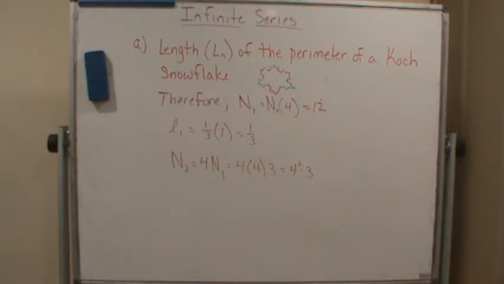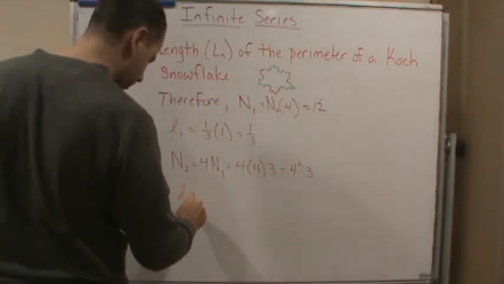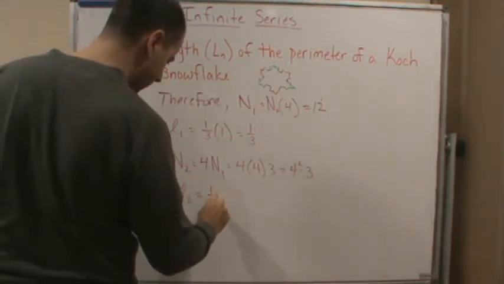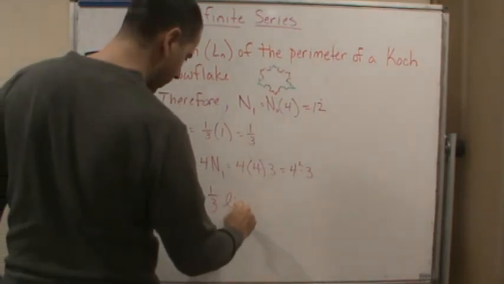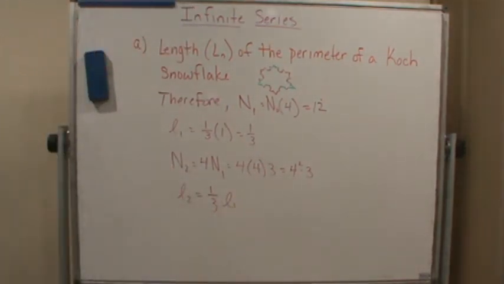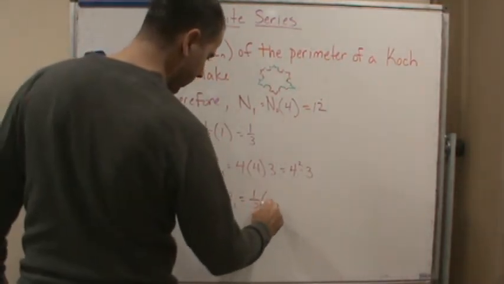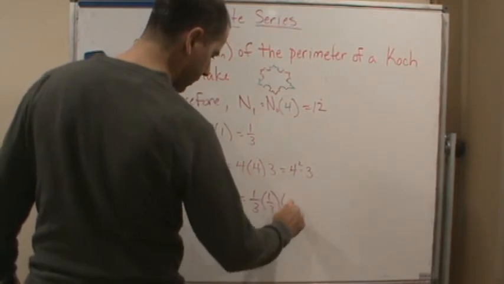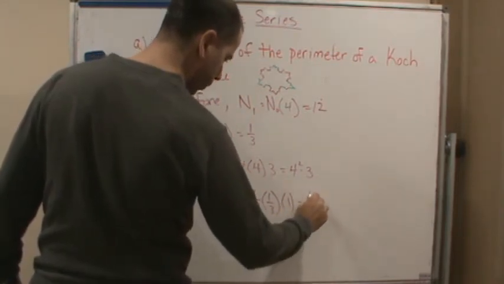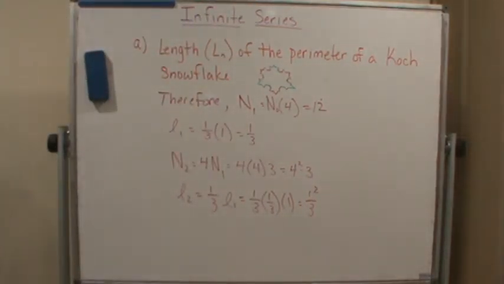So L2, the length of each side in F2, is going to be equal to 1/3 the length of L1, which equals 1/3 times 1/3 times 1, or just 1/3 squared, right?